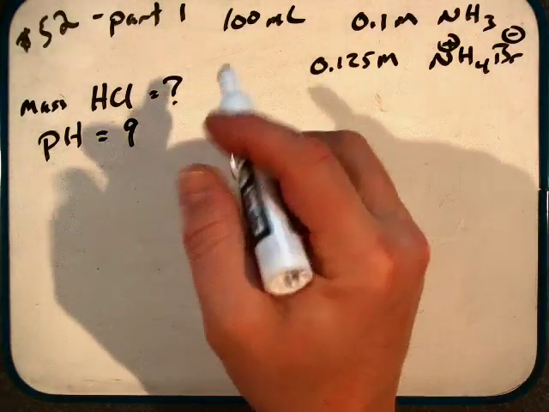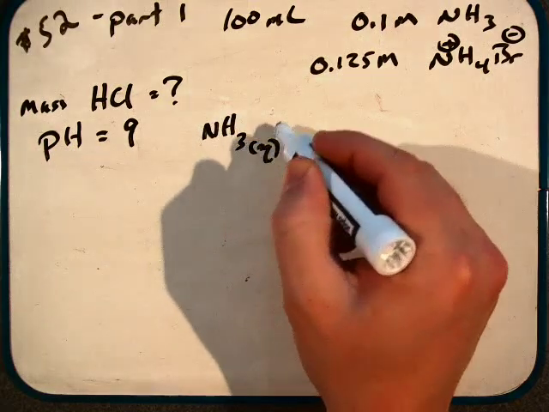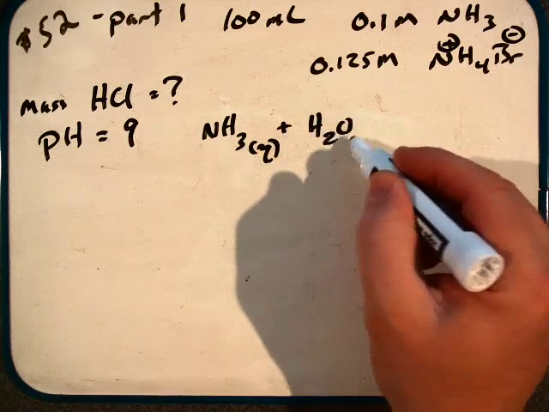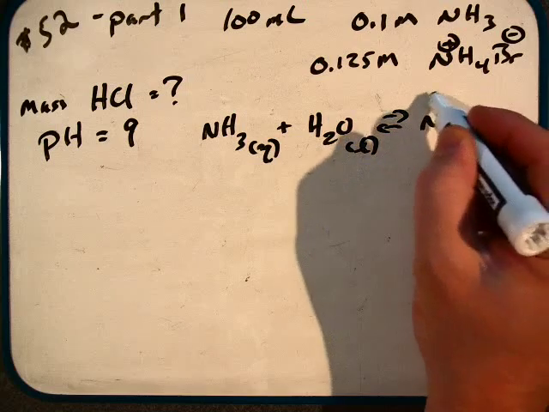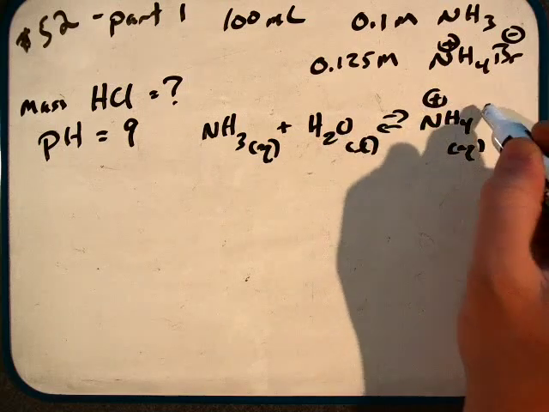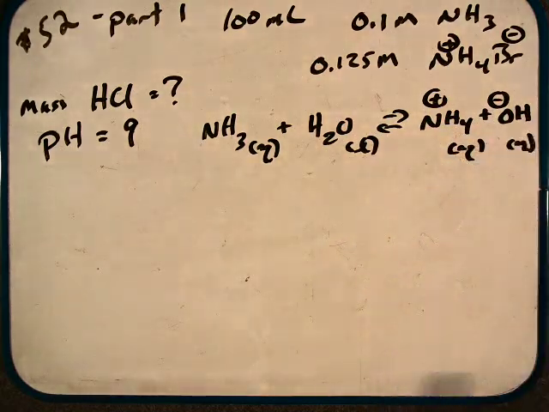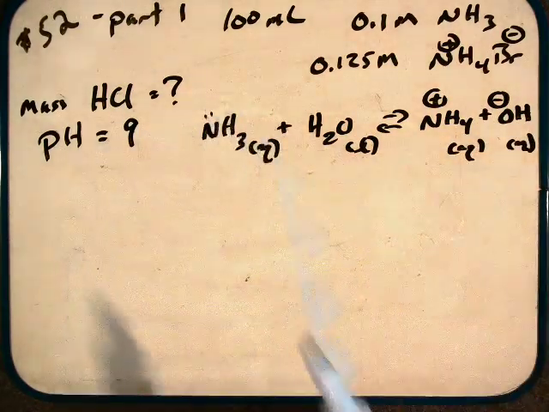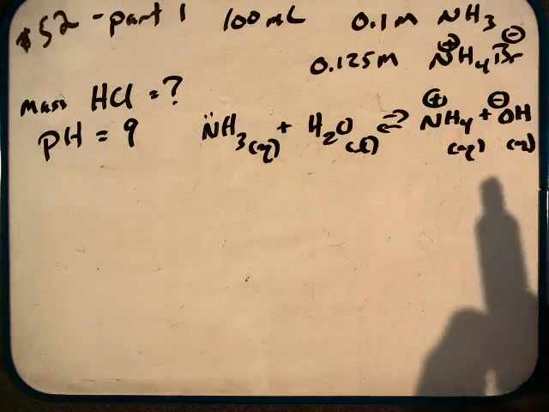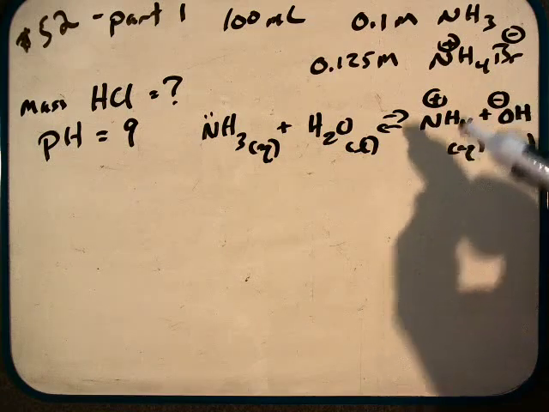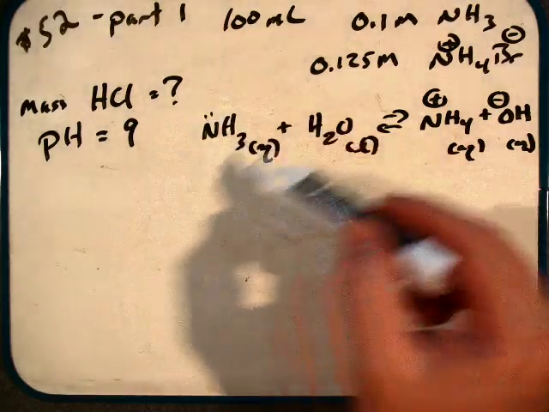So first off, we always have to write the equilibrium for the buffer in terms of the parent, in this case a parent base. So ammonia reacts with water and makes ammonium ion and hydroxide. So we have these two concentrations of our conjugate acid as well as our parent base.